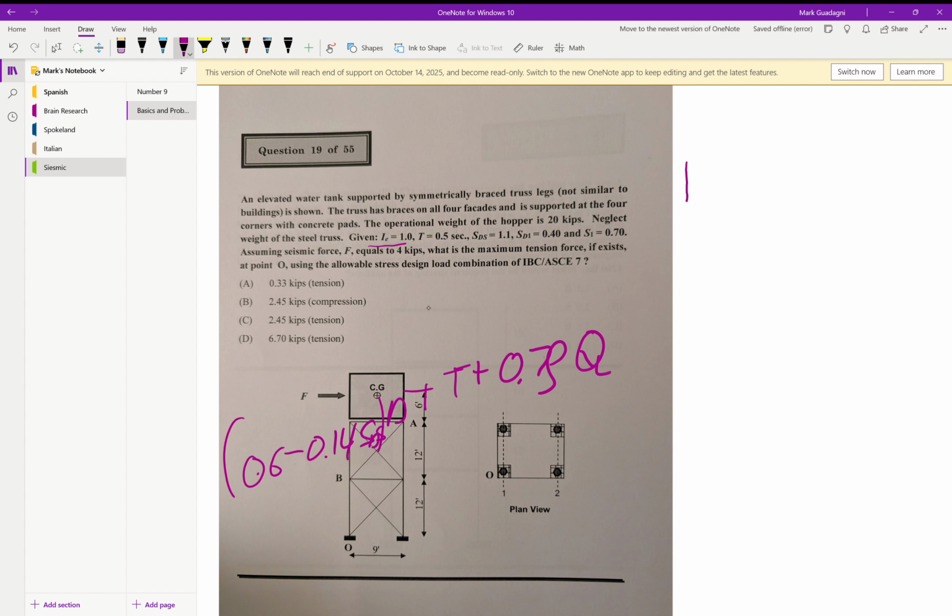We didn't talk too much about it, but it can either be 1 or 1.3 depending on how much redundancy there is, but we're just going to assume it's 1.3, plus QE, which is the loads from the earthquake, plus F3H.